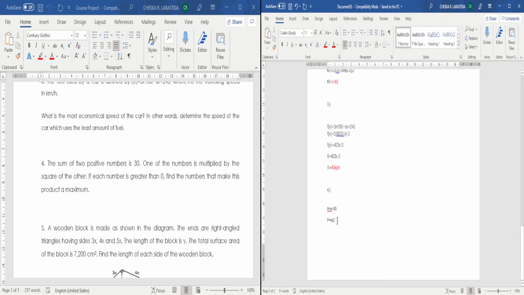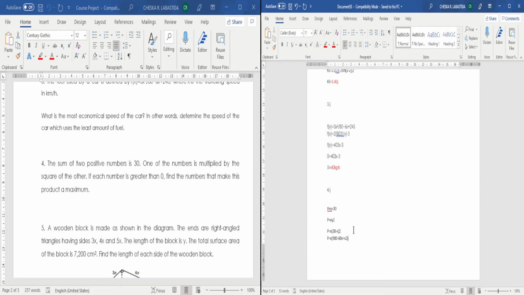Okay, so for that, it should be x times (30 minus x) squared. Okay, and then let's compute that. x times 900 minus 60x plus x squared.